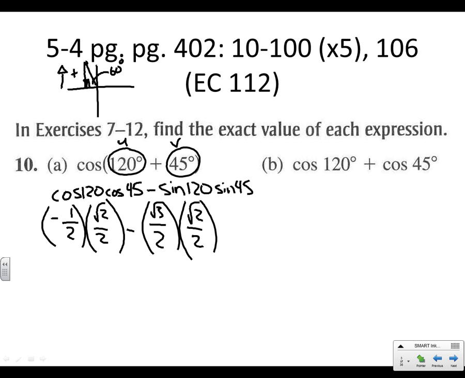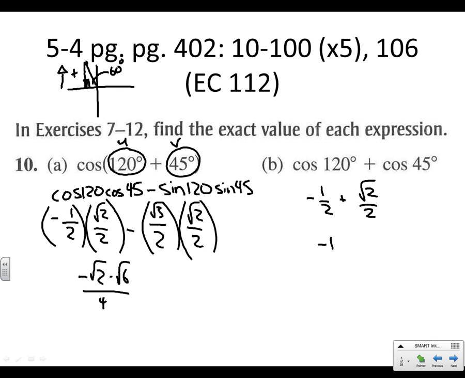Let's clean this up. We've got negative root 2 minus root 6, with a common denominator all over 4 on that one. If we look over here at B, there is no formula here. They're just saying let's compare what happens if we don't have parentheses and we just do normal cosine of 120, which we already figured out is negative 1/2, plus cosine of 45, which is root 2 over 2.